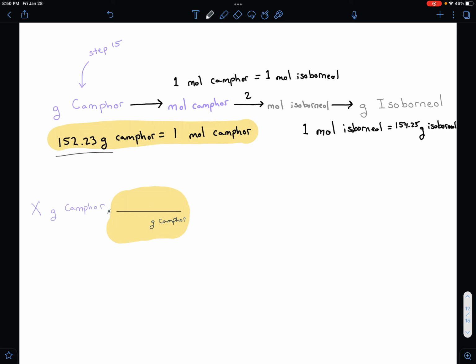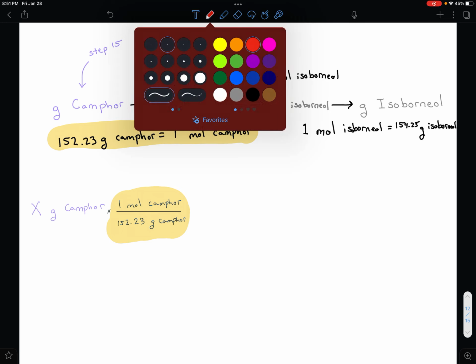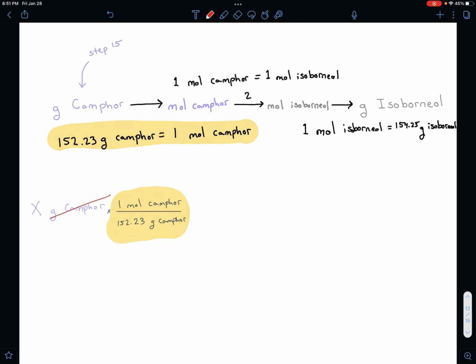So next to grams of camphor, we'll write 152.23. Going over the fraction bar is like going across the equal sign. So on top, we'll have 1 mole of camphor. Notice how grams of camphor cancel out, and at this point we're left with moles of camphor.